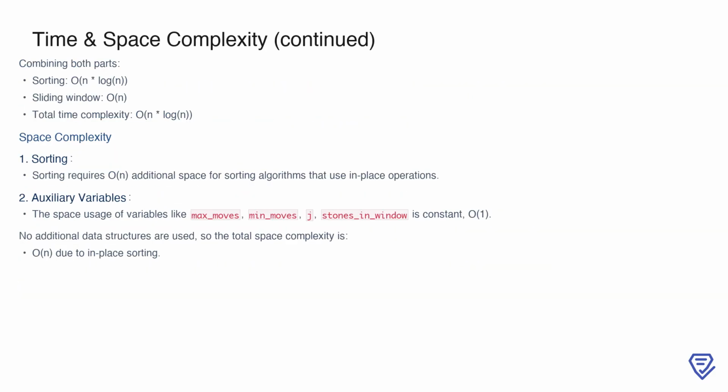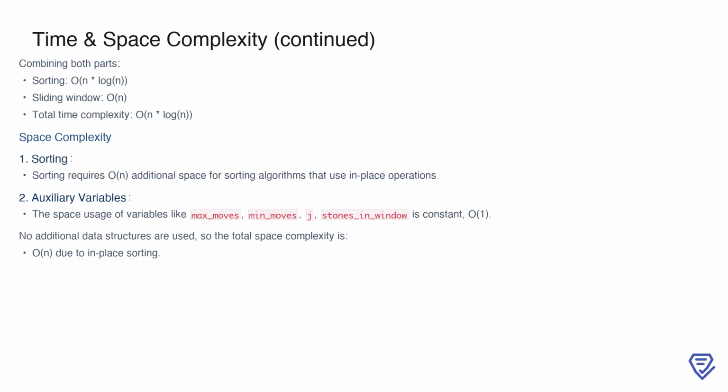When combining both parts, the overall time complexity includes the sorting step, which is O(n log n), and the sliding window process, which is O(n). Since O(n log n) dominates O(n), the total time complexity for the solution is O(n log n). Now looking at the space complexity, sorting generally requires additional memory.